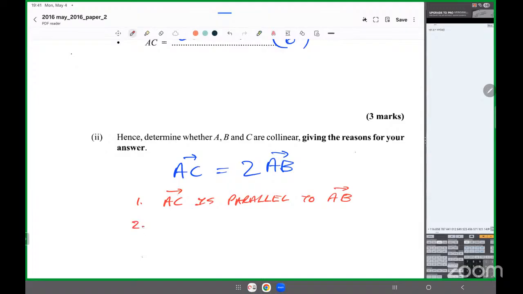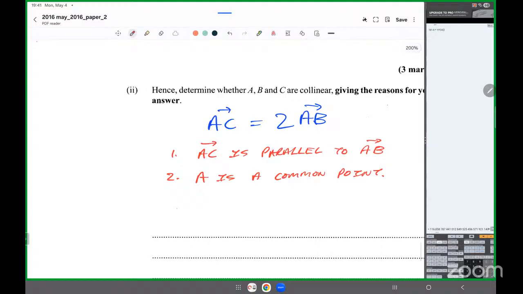Second thing for collinear points, there must be a common point on the two vectors. So there is a common point. A is a common point. A is on both vectors. And once you have those two things, you can draw the conclusion.